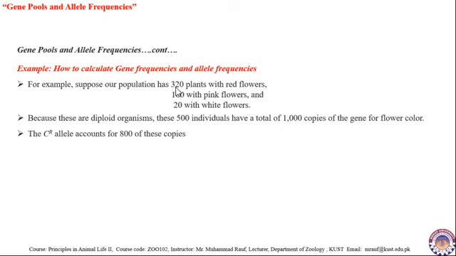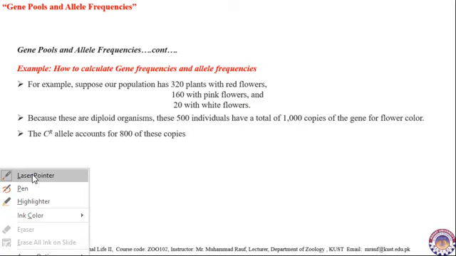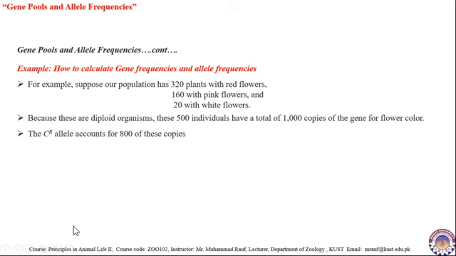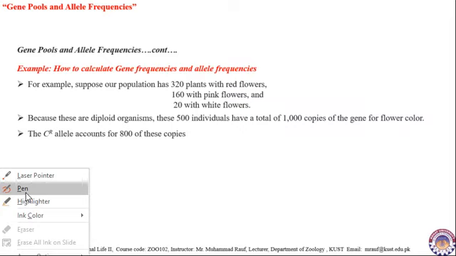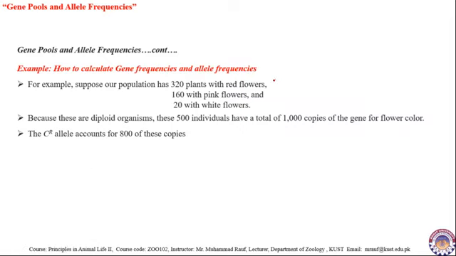Here are 320 plants with red flowers, meaning both the alleles are CR. So 320 multiplied by 2, we will get 640.